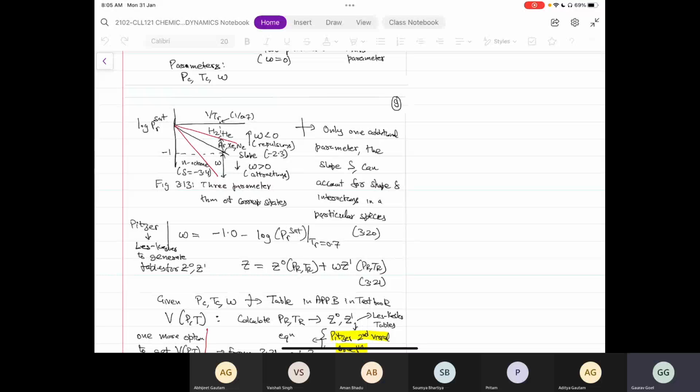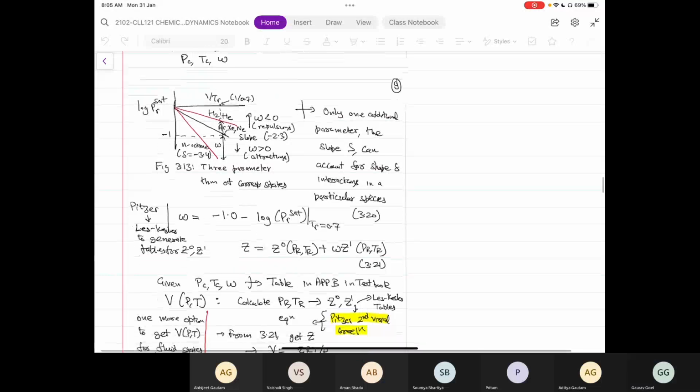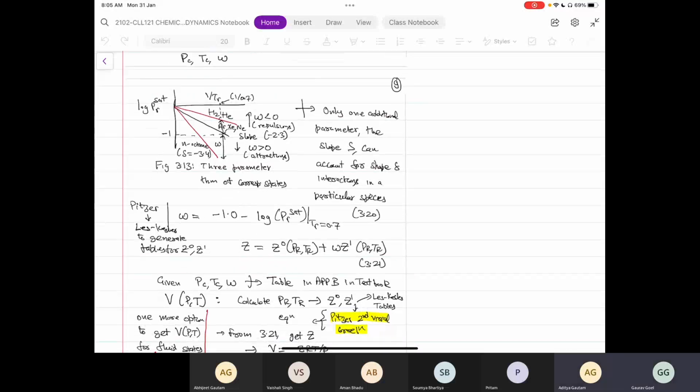Yes. So figure 3.13 provides one means of getting to this parameter omega.